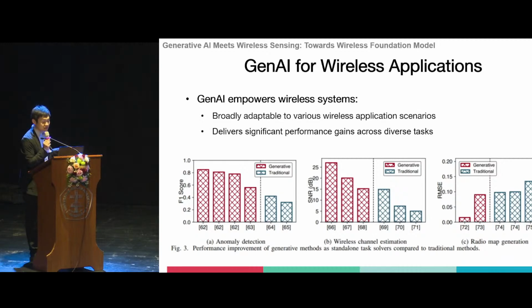For instance, in signal anomaly detection, channel estimation, and coverage heat map construction, generative models often achieve better performance than traditional non-generative methods. From these two aspects of examples, we can say that whether as a plug-in for performance enhancement or as a main solver for the task, generative AI has already shown its value in various applications.